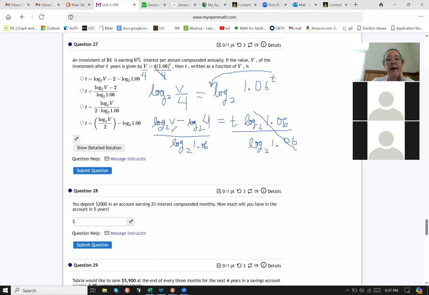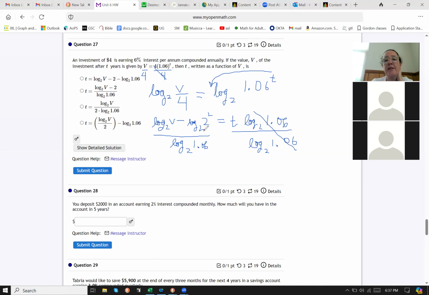So it would have been, oh, we're almost done. There's one more thing we can do to simplify. We can rewrite this 4 here as 2 squared. And then we can use a log property to simplify that. So I'm going to erase this 4 and replace it with 2 to the 2nd power.